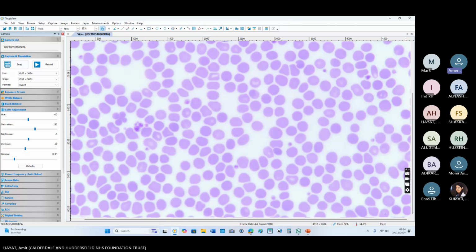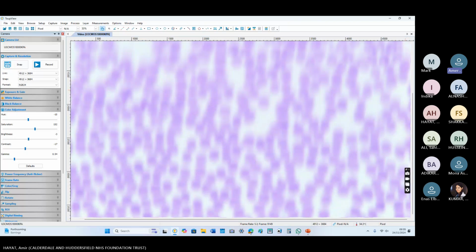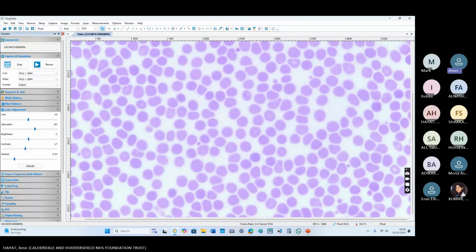Or maybe he has this diagnosis since birth, congenital polycythemia. So always exclude the secondary causes of erythrocytosis, and then you can send the JAK2 for the patient.